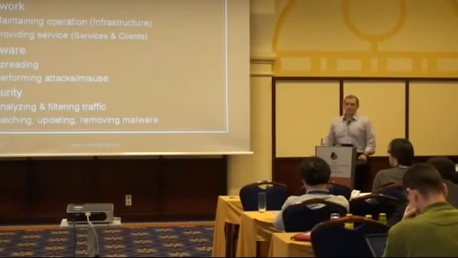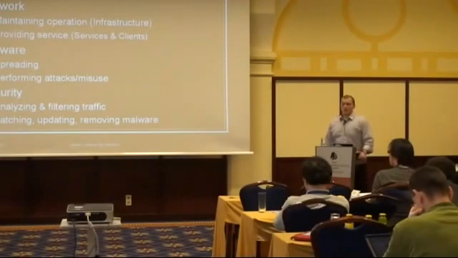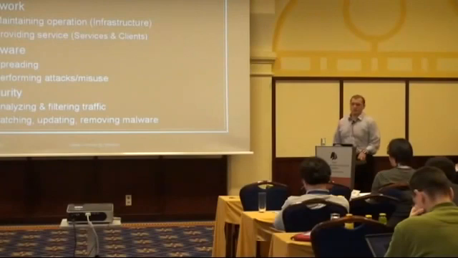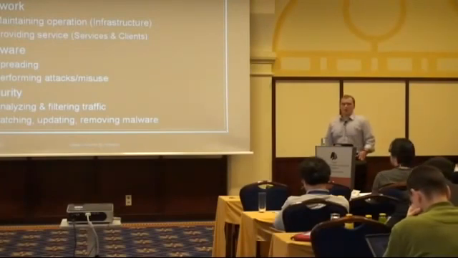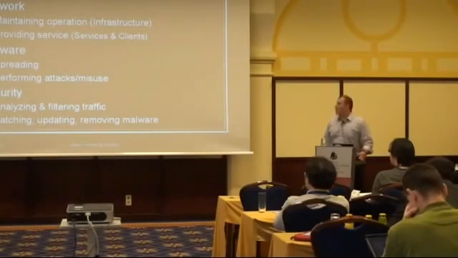Malware is spreading across the network, must be located somewhere, and uses some algorithms, choosing targets and trying to attack them to spread further, after which it can perform attacks, misuse, for example, DDoS attacks, or sending out spam.